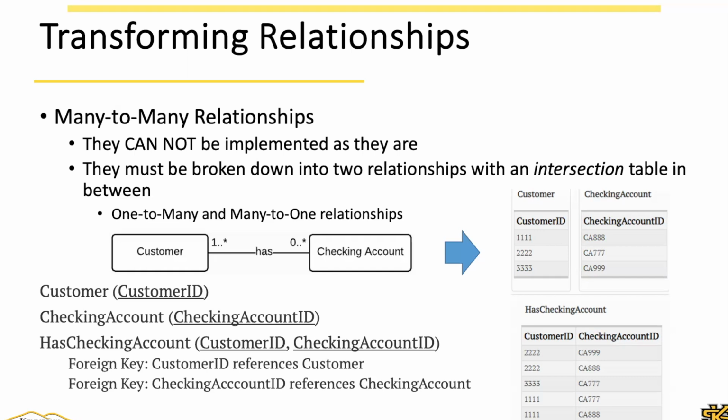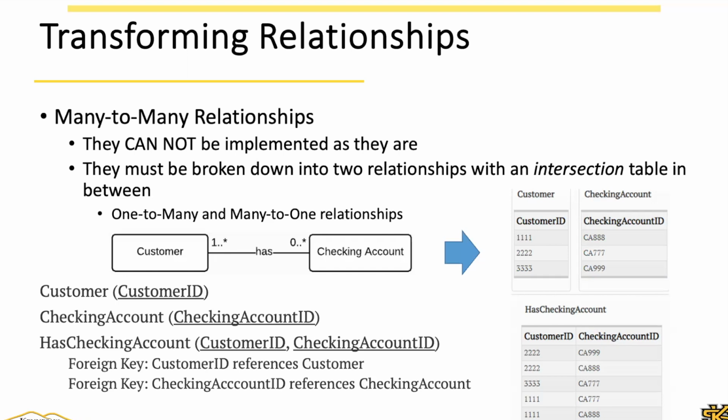For example, let's say the bank has changed its policies and now allows shared checking accounts. This means that each checking account needs at least one customer associated with it, and each customer can have zero or many checking accounts. Here is how we can transform this many-to-many relationship.